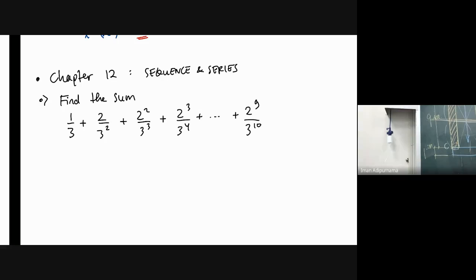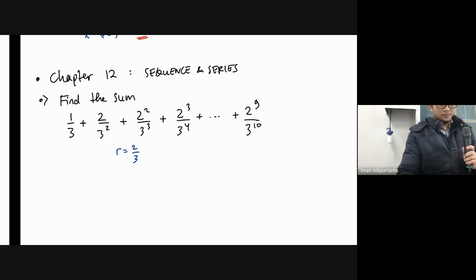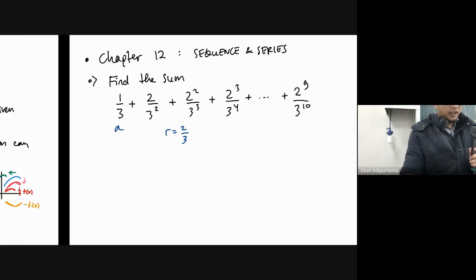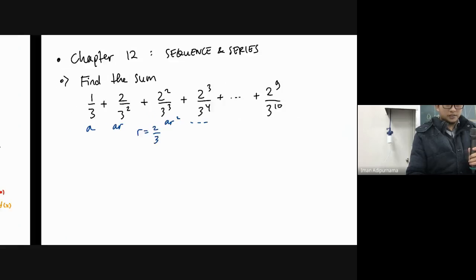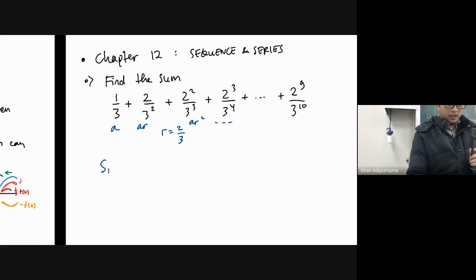So first you need to recognize what kind of sequence or series it is. It's geometric, right? With 1 and becomes 2, then 2 squared, and the bottom is 3. So the ratio is 2/3, right? Let's say this is our A, this is AR squared, and so on. And the total is until 10, so I can write it as 10.